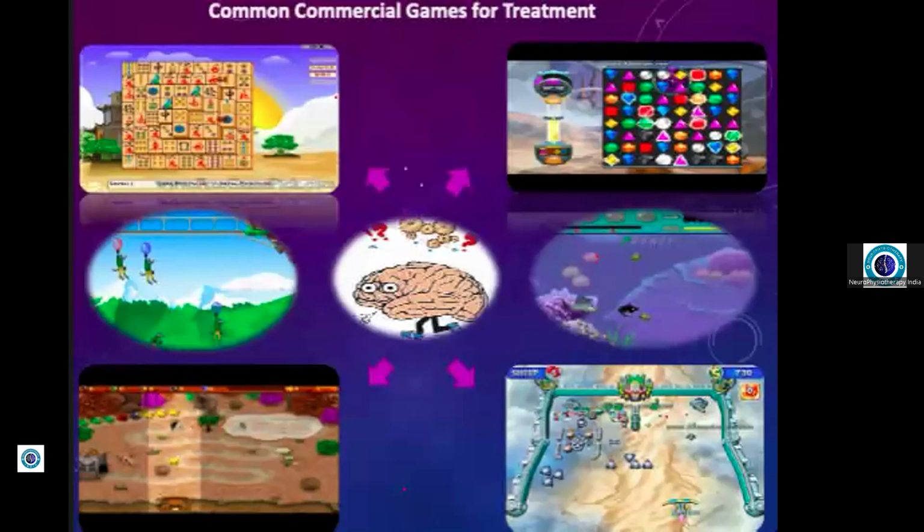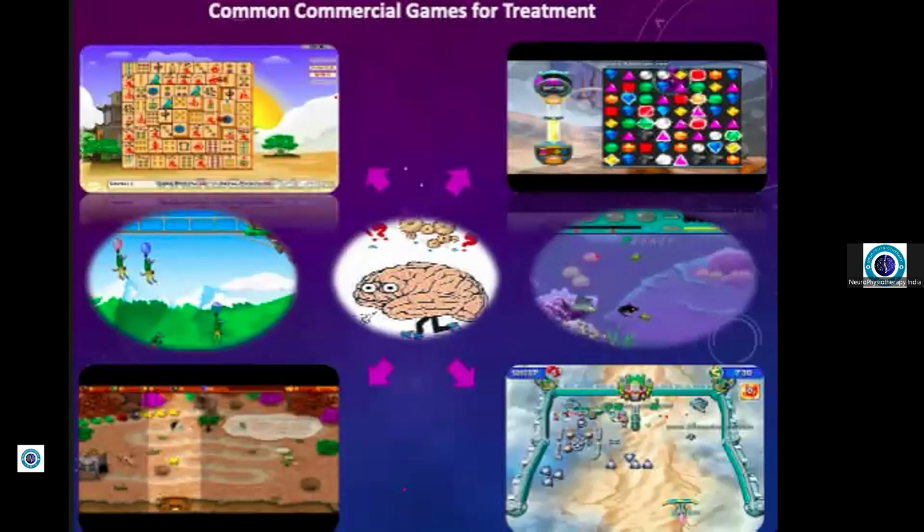So the arcade games that we most commonly used matched 3 different types of games. There were some shooter games like the Brick Buster games, which are engaging and fun. And there were also the match 3 games.